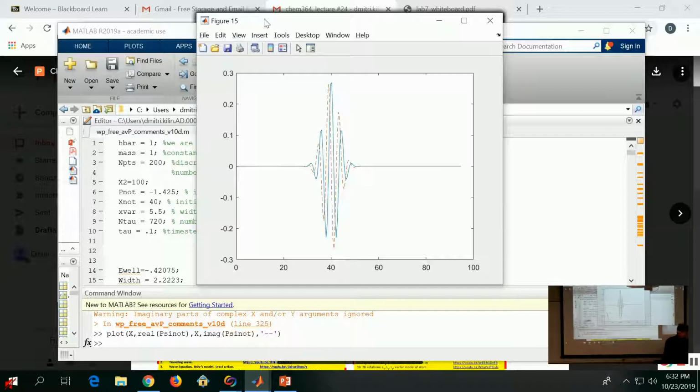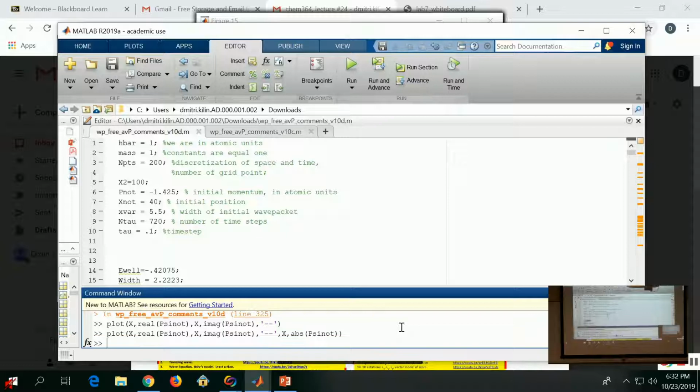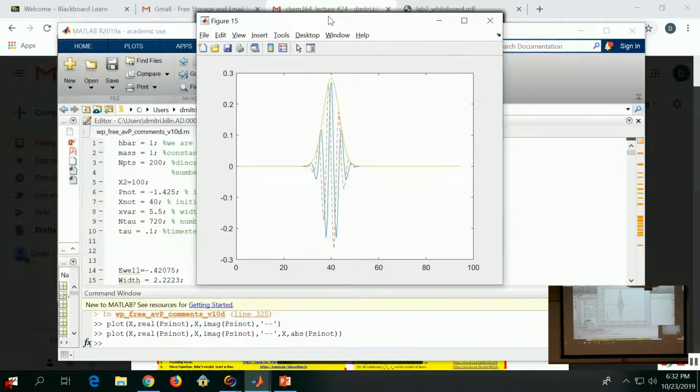So what if I do, comma, x, comma, absolute value of psi naught. You see, absolute value is Gaussian.